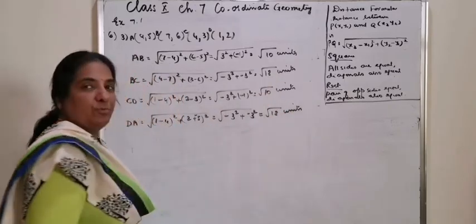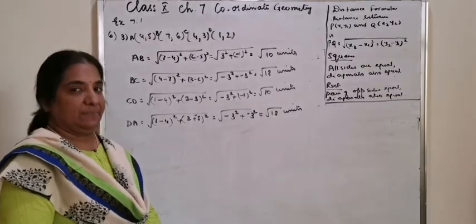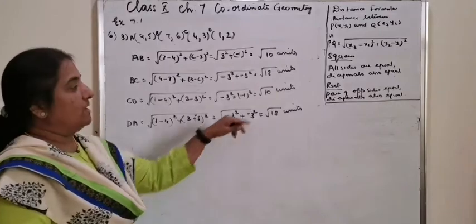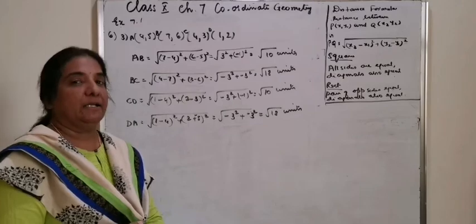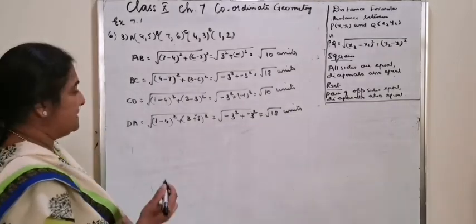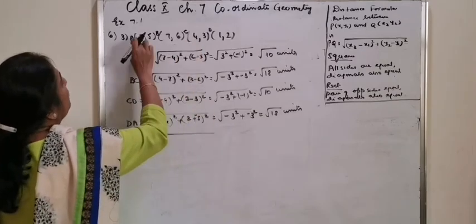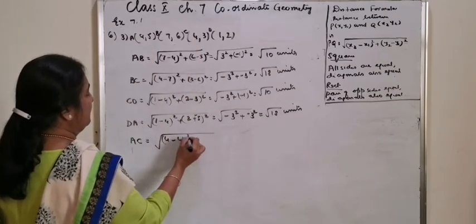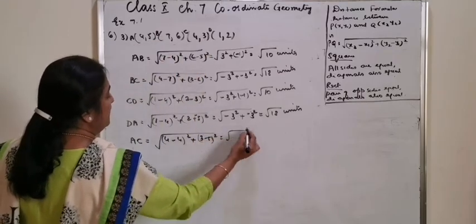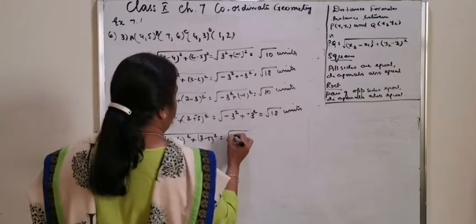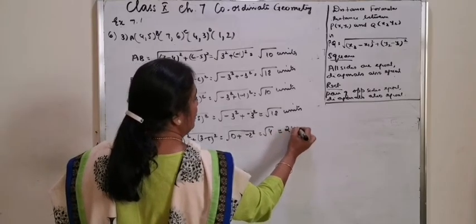So we got both pairs of opposite sides equal. And now we have to see what the diagonals represent. If the diagonals are equal, we can go for a rectangle. If the diagonals are not equal, it will represent a parallelogram. Let's see the measure of AC and BD. AC is equal to the square root of (4 minus 4) the whole square plus (3 minus 5) the whole square, which is equal to 0 plus minus 2 square, root 4, which is equal to 2 units.